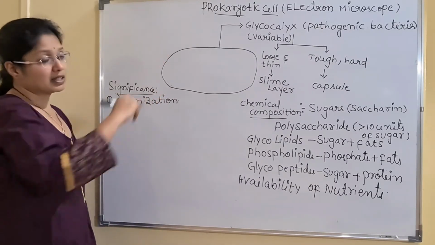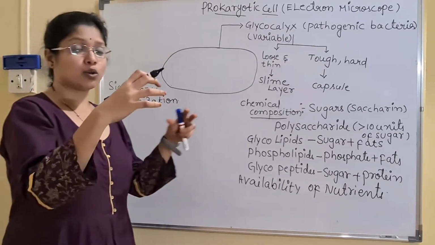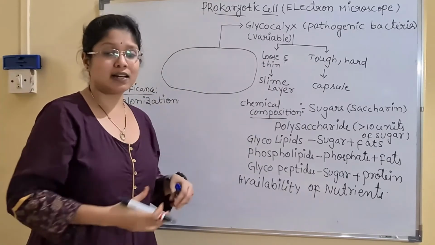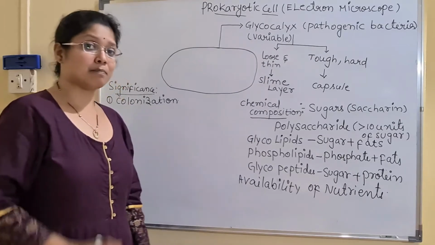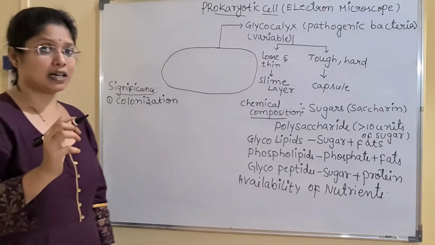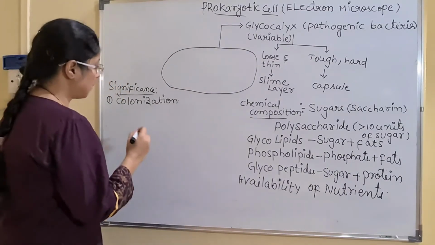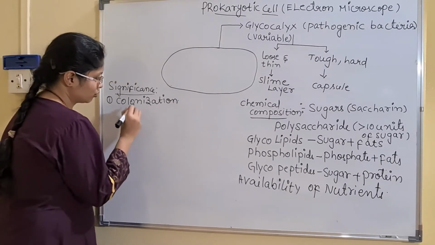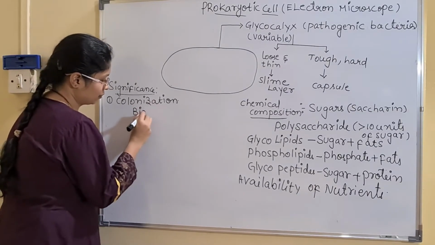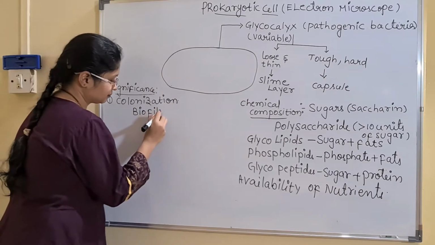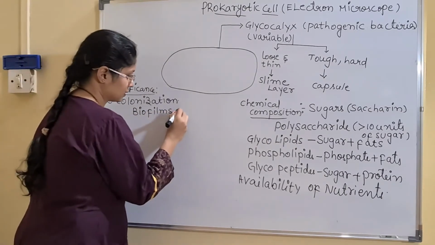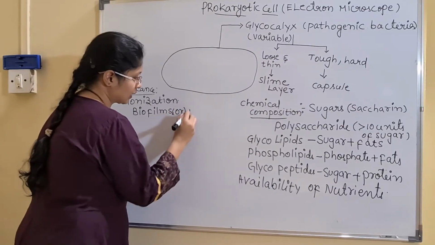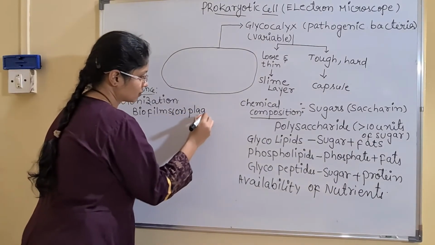Colonization will happen with the help of the attachment of glycocalyx of all the bacteria, thus forming a mass of bacteria, and this mass of bacteria in biology is known as biofilm. So through colonization, what will they form? Biofilms. Or this can also be called plaque.